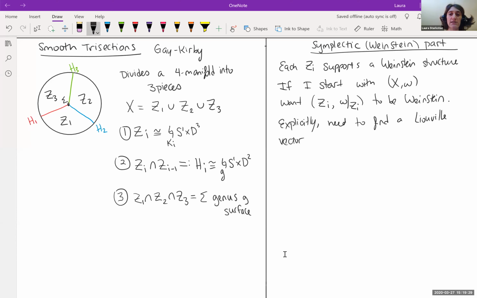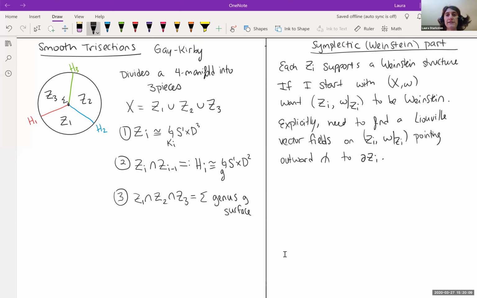In this case, it's the restriction of the global symplectic structure. So find a Liouville vector field, for each Z_i a different vector field, which needs to be pointing outward, transverse to the boundary of Z_i. And so that's the question.